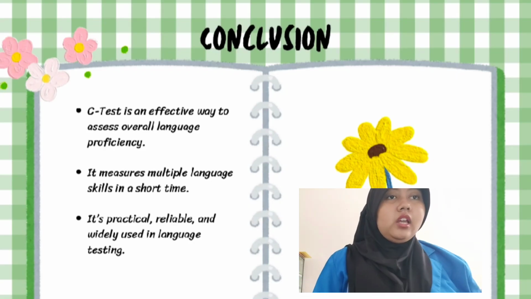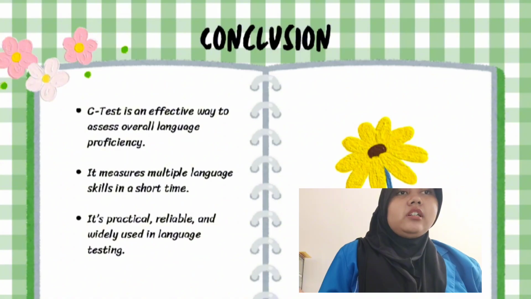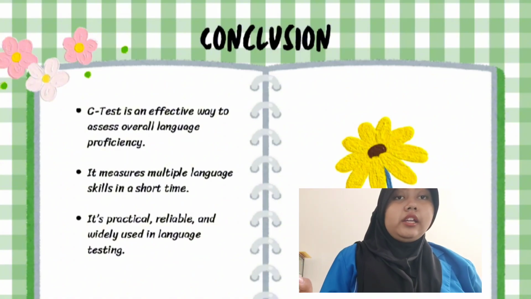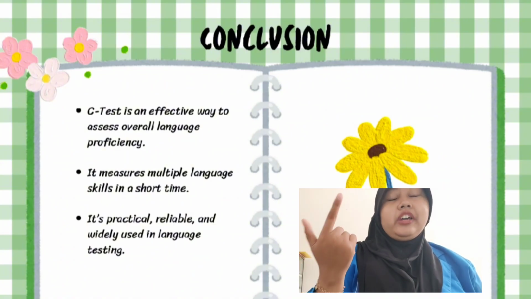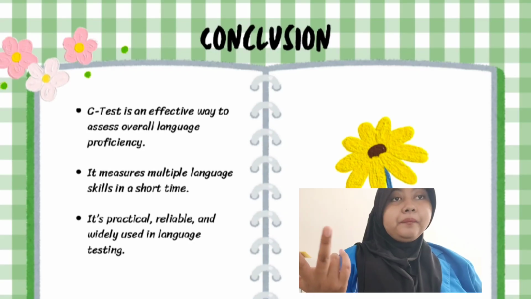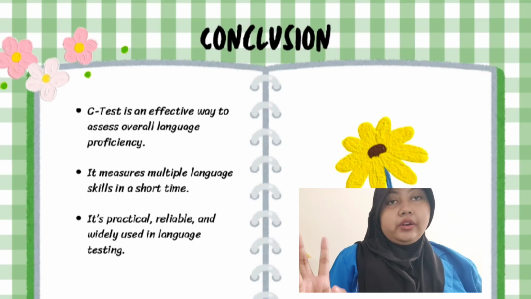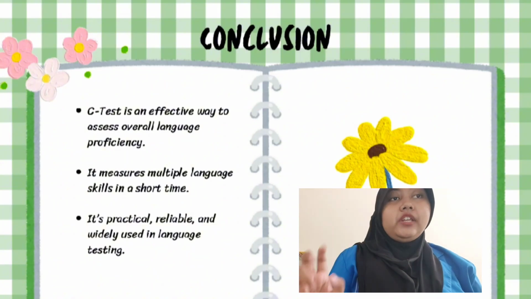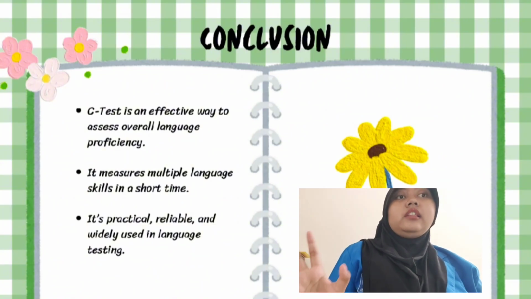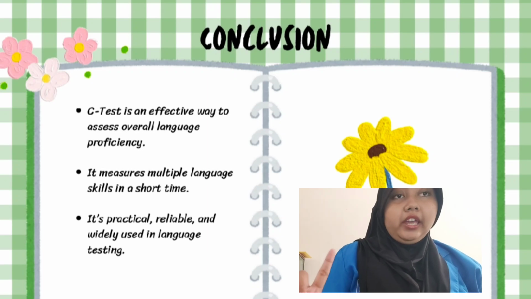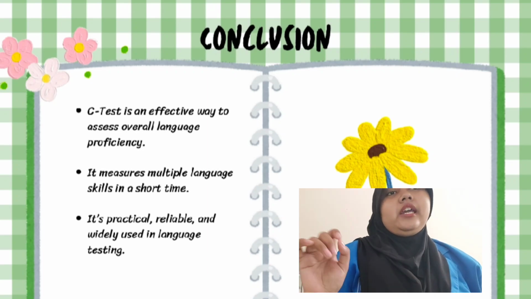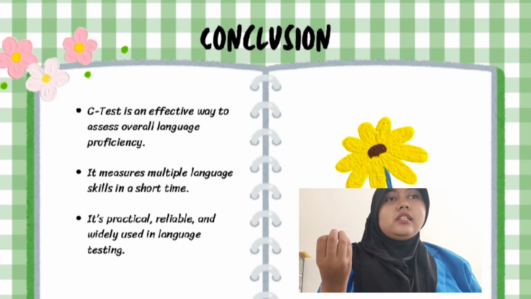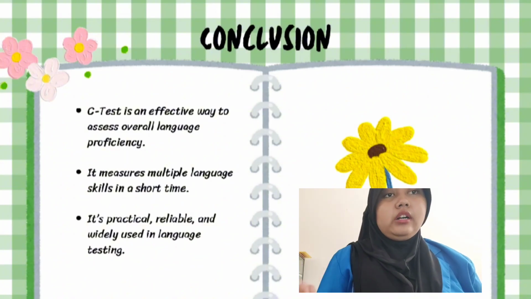It measures several skills at the same time: grammar, vocabulary, reading, and comprehension. Okay, it's quick and easy to administer and score.